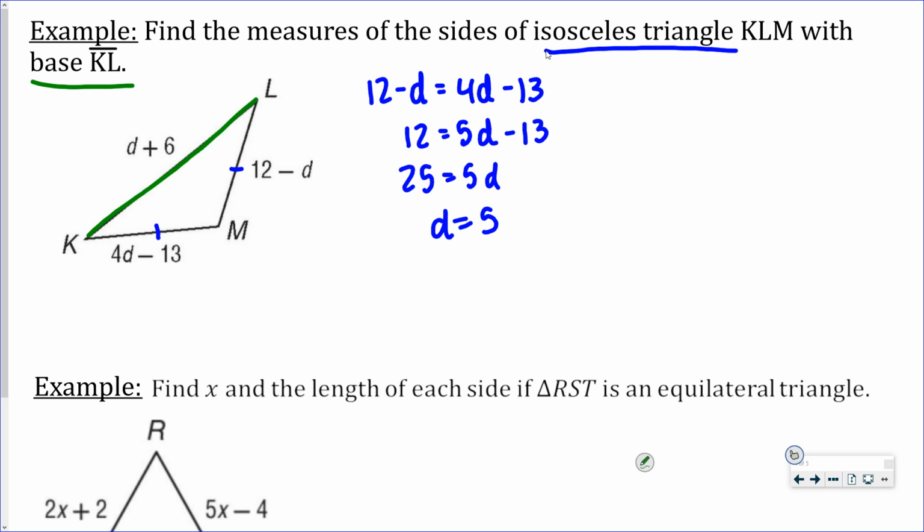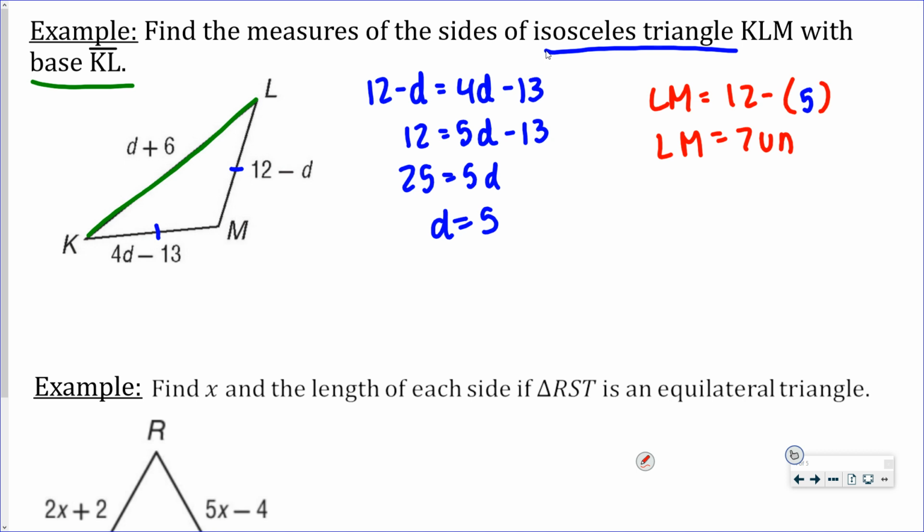So let's see. I'm going to start with LM. LM's a pretty easy one to calculate. It's just 12 minus D. So 12 minus 5 is 7 units for LM. Without doing any math, what other side length could we identify?